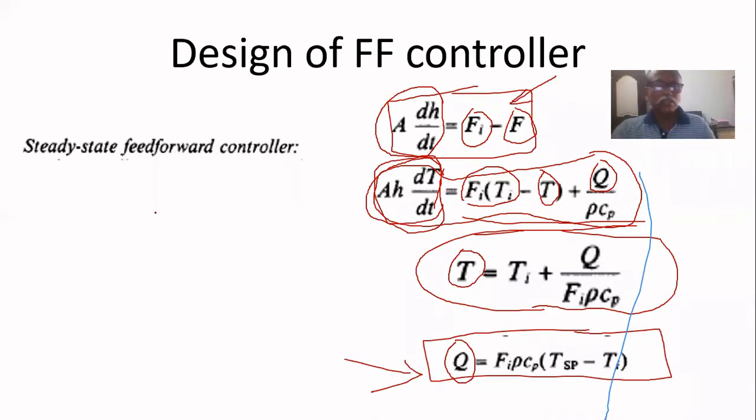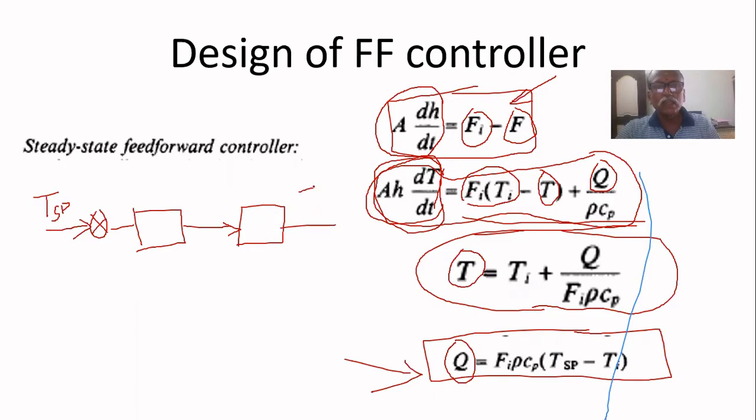Suppose we are having any controller, we will give the set point, and the controller will do the necessary correction so that the process will be at T degree centigrade.